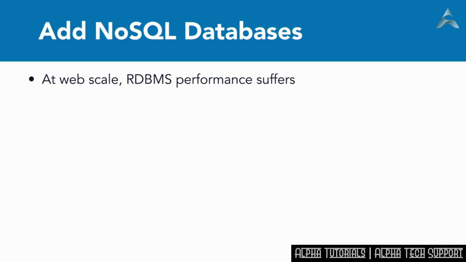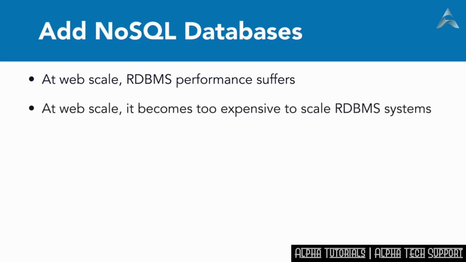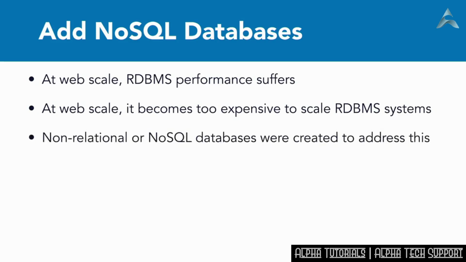Now, we'll be exploring in more depth why that is as we progress through this course, but it is important to consider that for certain business cases, certain data volumes, certain data types, relational database is not the most efficient answer. At web scale, it becomes too expensive to scale these relational database systems in particular. Non-relational or NoSQL databases were created to address specifically this problem many, many years ago by vendors such as Google and Facebook, as well as other groups of developers worldwide.